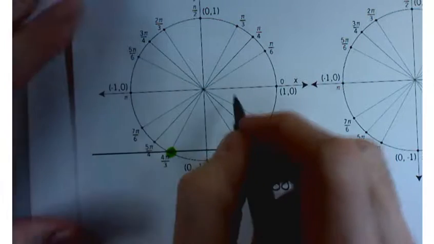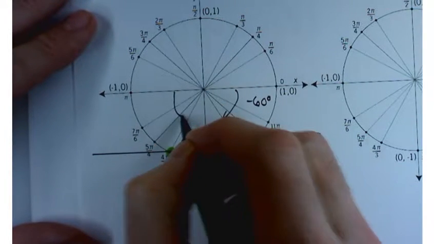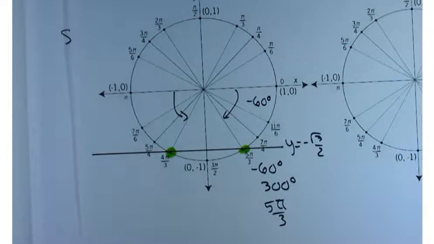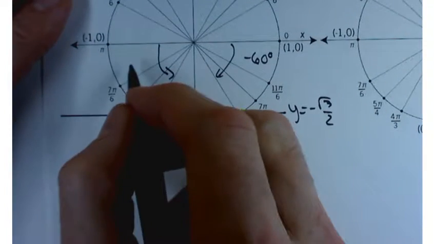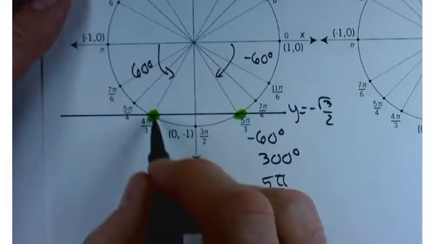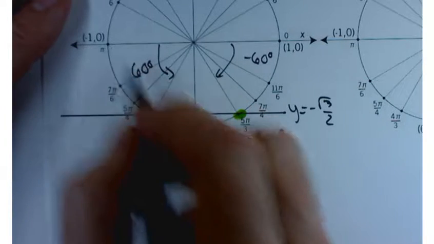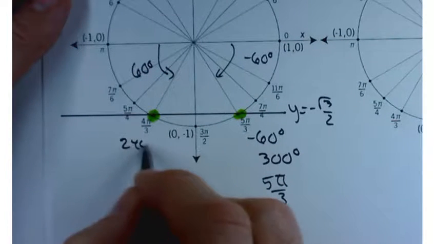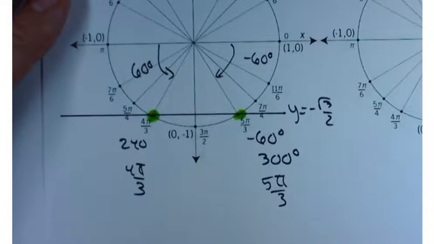Now keeping in mind that this was negative 60 degrees, that tells you something about this angle as well. That angle is positive 60 degrees. So that means that over here we're at 180 plus 60, or 240, and 240 is 4 pi over 3.